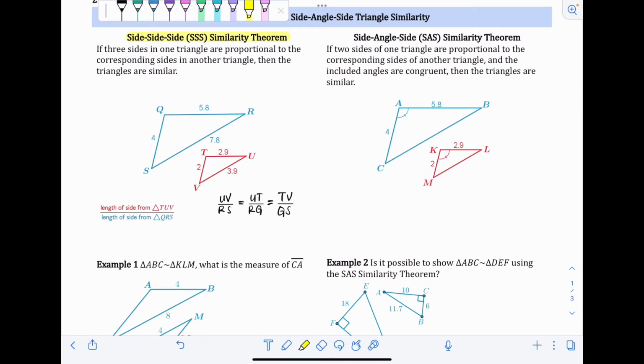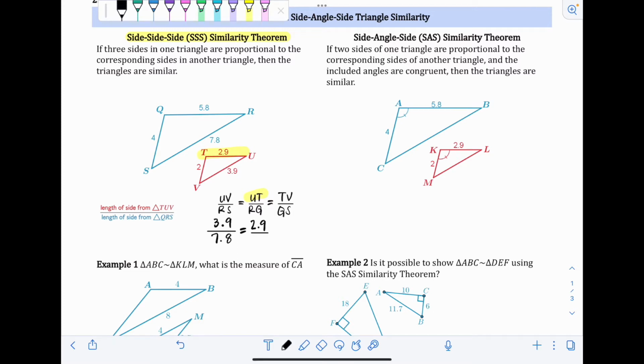So UV is 3.9, that'll go here, so 3.9. And then the next one is RS, that's 7.8, so it's over 7.8. And then that should be equal to UT. UT was 2.9.